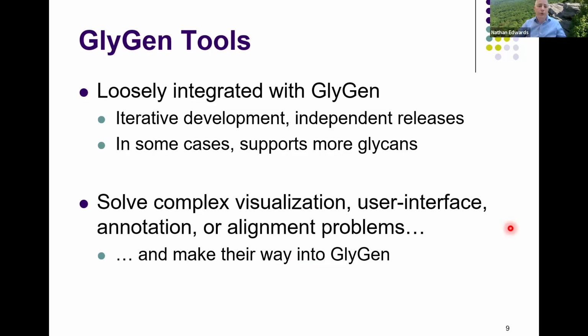So we try to handle more glycans than merely those that GlyGen supports, but we also generally provide ways to jump back and forth between the GlyGen set and the set that is integrated in these tools. These tools allow us to implement a more complex visualization, user interface, annotation, or alignment logic or facilities.